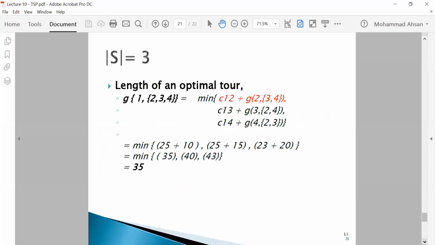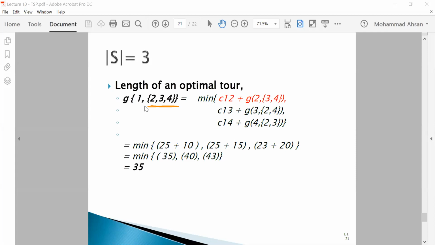Okay, when we say size of subset is 3, you have started at 1, so we are left with 2, 3, and 4. So there's only one subset of size 3, because our problem has only 4 vertices. So when we take the entire subset, we have to calculate the cost of going from 1 through this intermediate set of 2, 3, 4, and obviously back to 1.